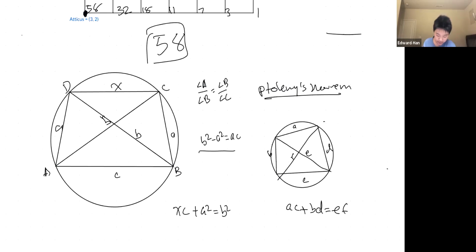If we move the A squared over, we get XC equals B squared minus A squared, which can turn into AC from the previous equation, and it's easy to cancel out the C from both sides and get X equals A. This is really important, because it tells us all the sides, and we didn't introduce any new variables. This is a special figure because there's a bunch of isosceles triangles, which is really helpful. But we won't be using Ptolemy's theorem again because it's kind of useless now.